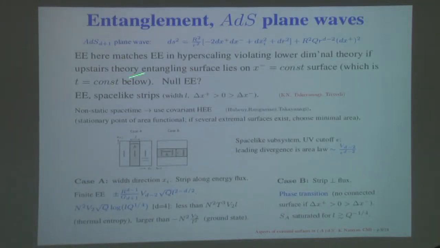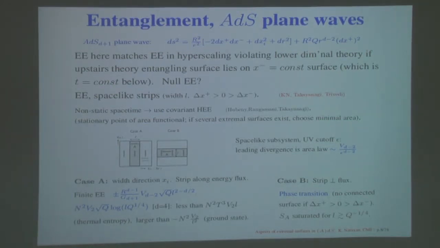The entanglement in particular in these theories, focusing just on the AdS plane waves for now, matches. So the entanglement upstairs matches the entanglement in the lower dimensional hyperscaling violating theory, if the upstairs entangling surface lies on this x minus equal to constant surface, which is a t equal to constant surface below.